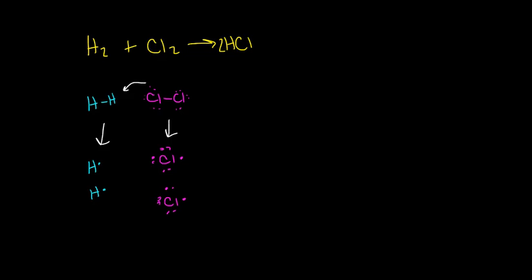And once that happens, now we can have a collision between the hydrogen and the chlorine. So these two lone pairs will interact and form the new bond in hydrogen chloride. So we end up with hydrogen, hydrogen, a new bond between hydrogen and chlorine, and chlorine.